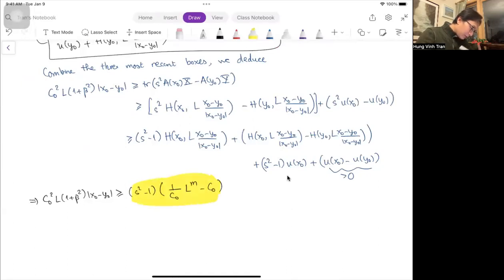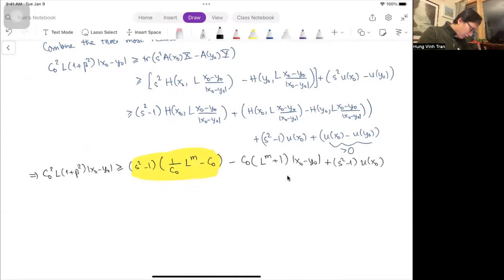And for the other terms, I'm going to take the worst case scenario, minus c naught times L to the m plus 1, because that's p to the m times x naught minus y naught. And I'm throwing the last term away, so just s squared minus 1 times u of x naught.